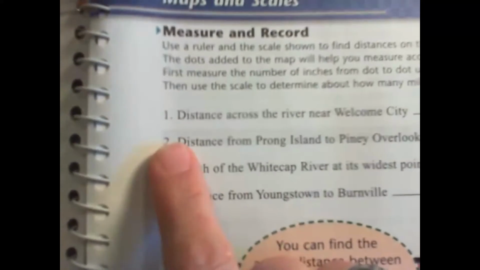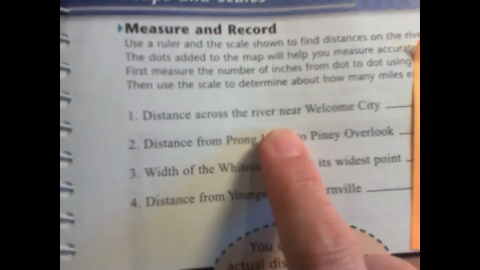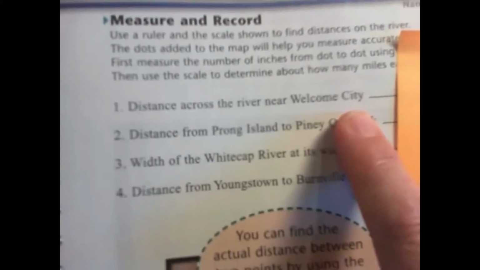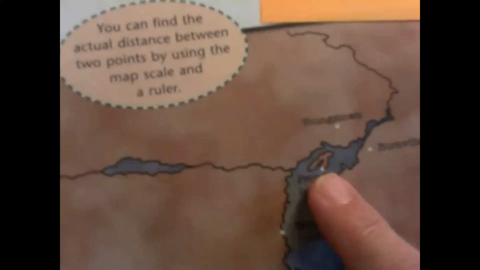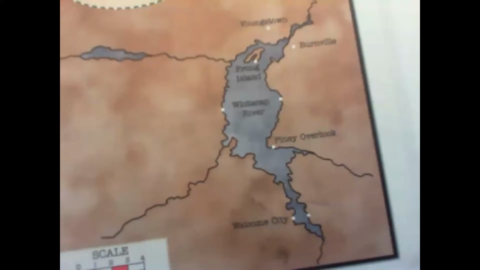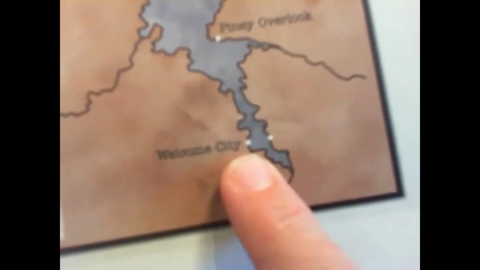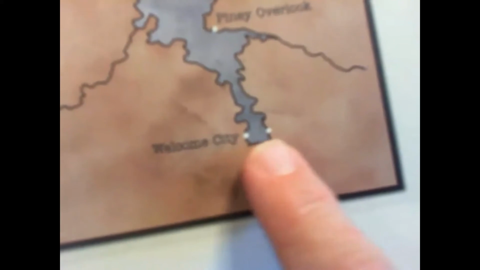Let's look at number 1. It says the distance across the river near Welcome City. Welcome City. Let's look down here at our map. The distance, okay, so right here, here's Welcome City, and it said the distance across the river. So from this point to this point.